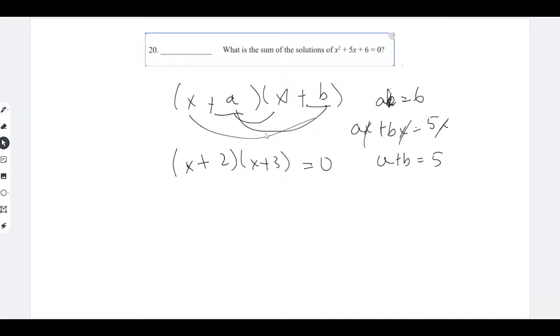So what you're doing there is re-expanding this, right? If you re-expand it, you're just going to get the same equation that you started with, right? Oh, yeah, sorry.